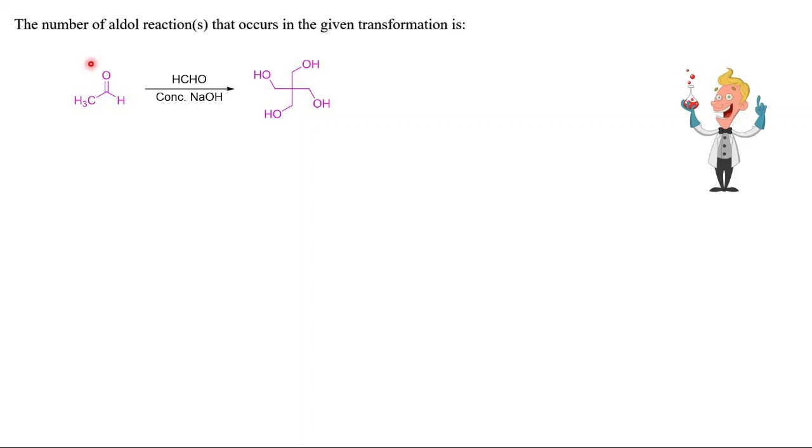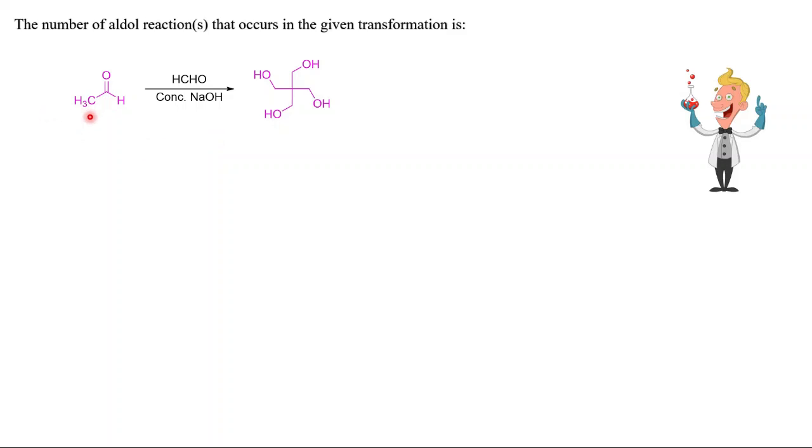The number of aldol reactions that occur in the given transformation is... they have given an aldehyde treated with another aldehyde in the presence of concentrated NaOH, and that gives this product. So how many steps will it require to get this product? This is very simple.